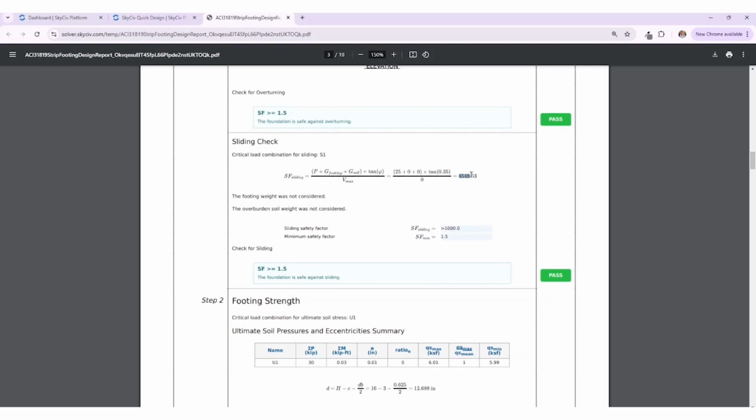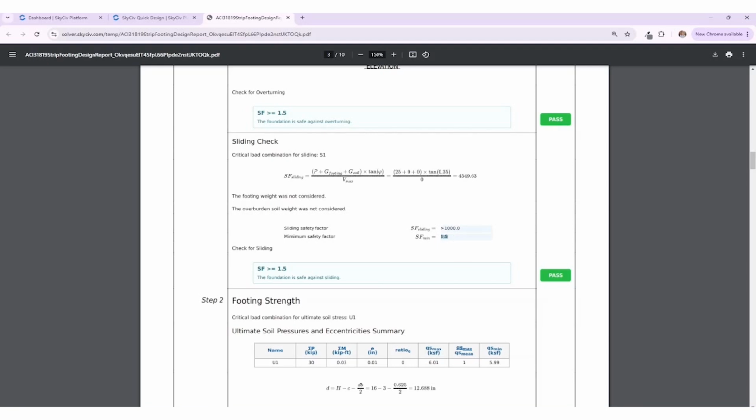You can see we get 4,549.63 as our sliding safety factor. Again, this is just noted as greater than 1,000.